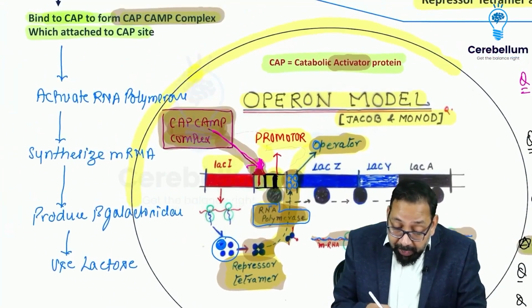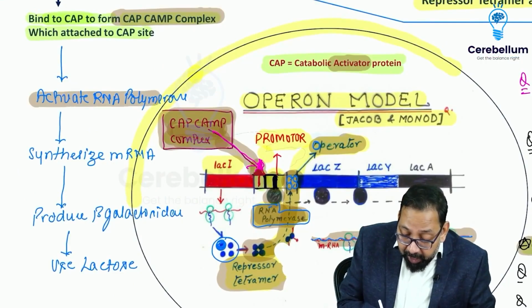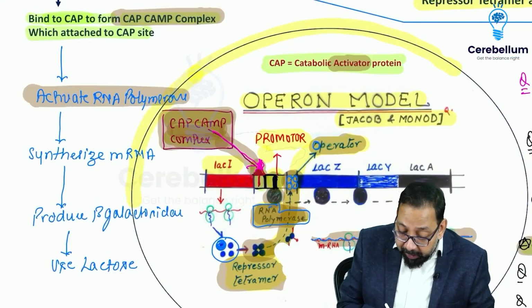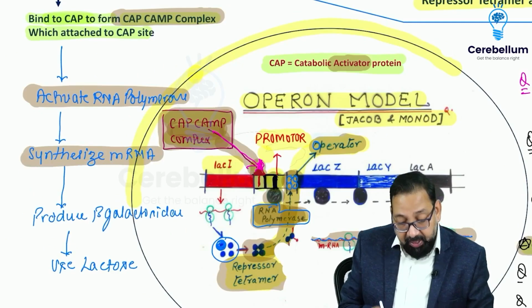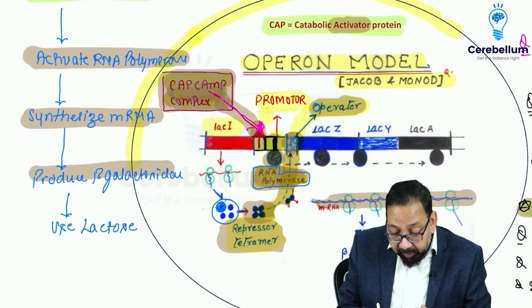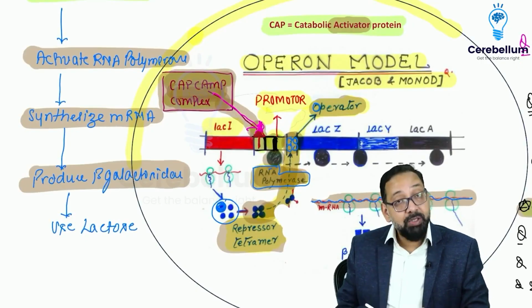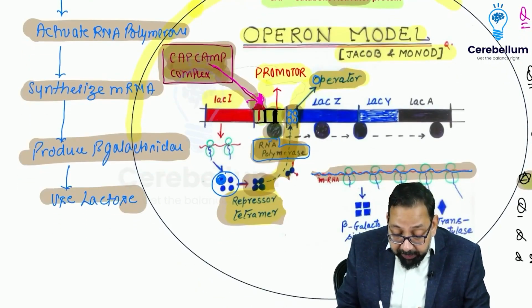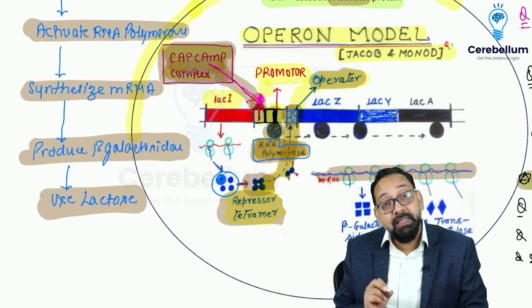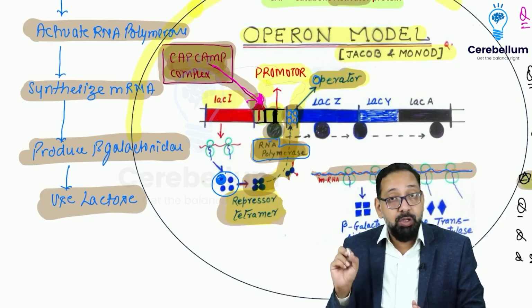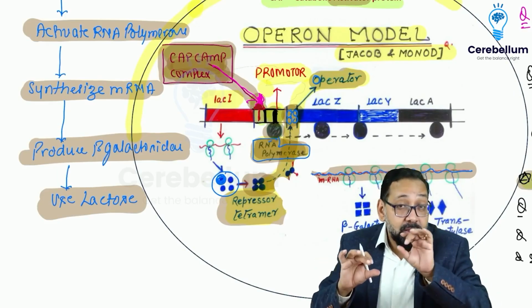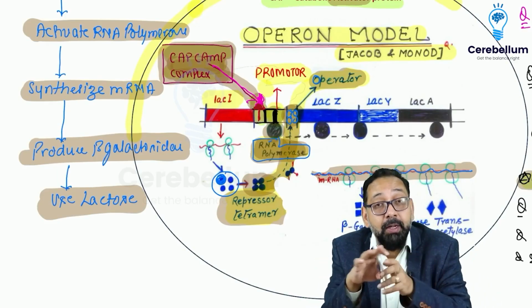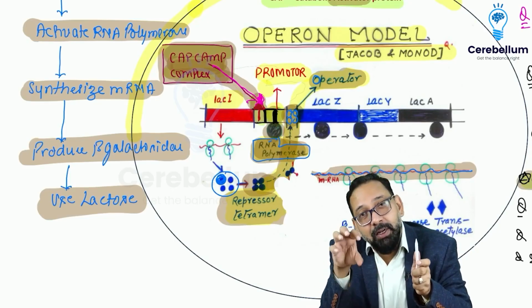Now, this CAP-cyclic AMP activates RNA polymerase. RNA polymerase synthesizes messenger RNA. Messenger RNA synthesizes beta-galactosidase, and with the help of beta-galactosidase, E. coli utilizes lactose. So this is lac operon. The final concept is that normally E. coli utilizes glucose.